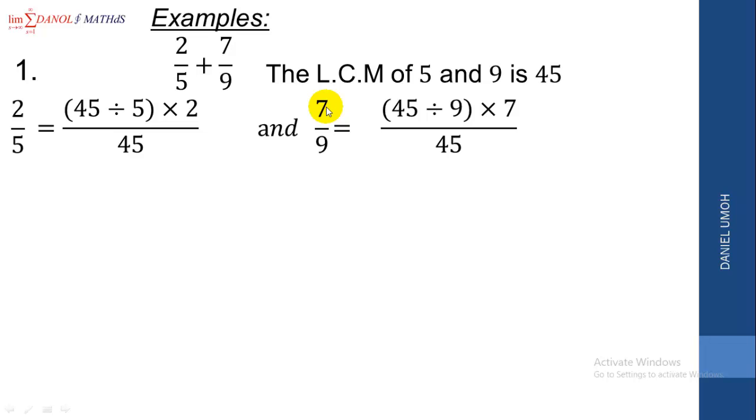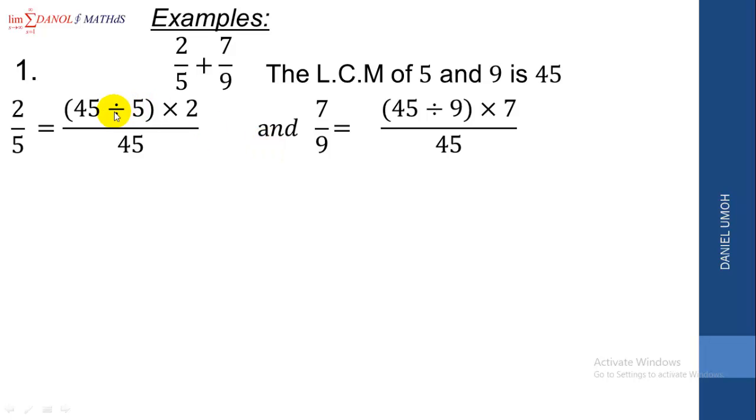Please pay keen attention. Here we said 45 divided by 5, then times 2 to get this, all over the original 45. Then here we said 45 divided by 9, the denominator, then times 7 to get this, all over the 45. I hope you understand what we did there.